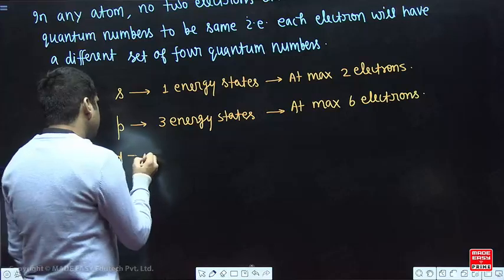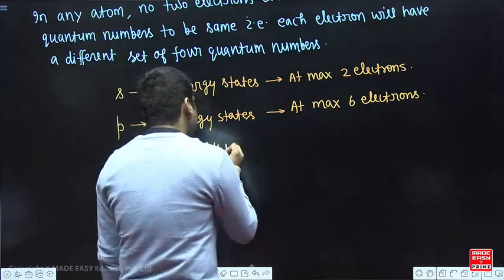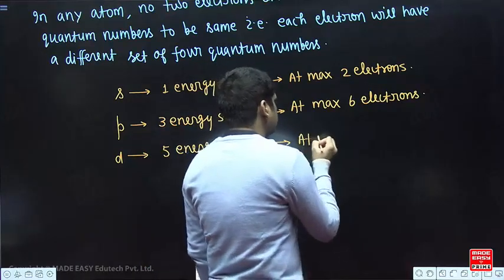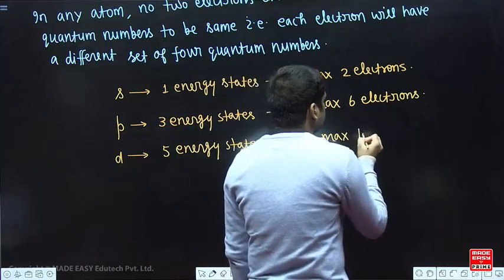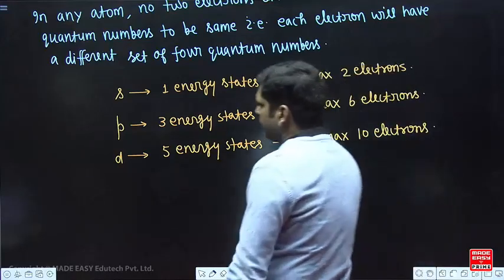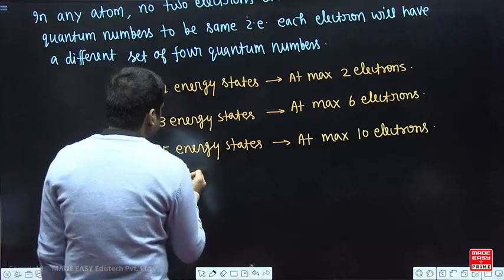Similarly, D has 5 energy states. So 5 energy states means what? At max 10 electrons. So the D subcell cannot accommodate more than 10 electrons. And F has 7 energy states.